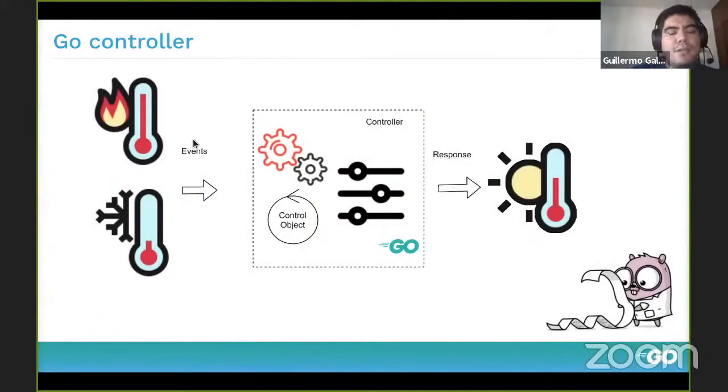Go controllers. Well, in a few words, a controller is an entity that continuously measures events from the outside and then tries to reach a desired state. For example, a thermostat: you say, okay, I want to set this temperature, so the thermostat will be continuously checking, okay, this is my temperature, I need to change to that.